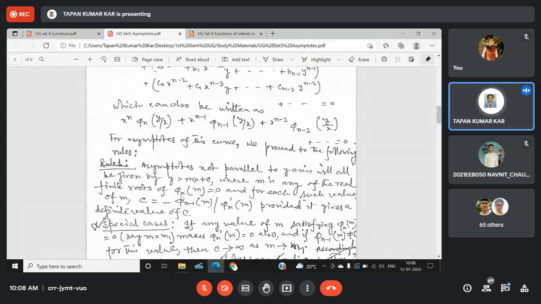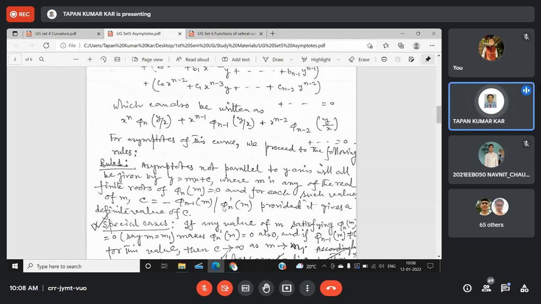So m is obtained from phi n m equal to 0, but there is another constant c, which can be obtained by the formula c equal to minus phi n minus 1 m by phi n dash m. Phi n minus 1 is the coefficient of x to the power n minus 1, and phi n the coefficient of x to the power n, and the dash is the derivative with respect to m.